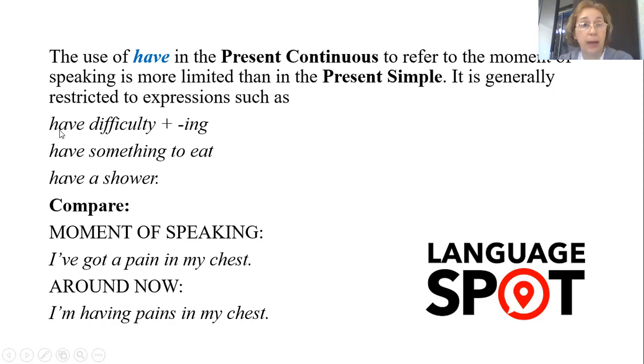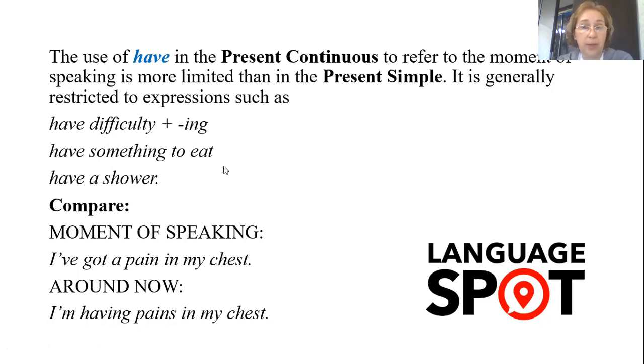If have is used in this meaning, we can use it in the present continuous tense. Or have something to eat or have a shower. But in the meaning of possession, have is not used in the continuous form. It should be used in the present simple form.